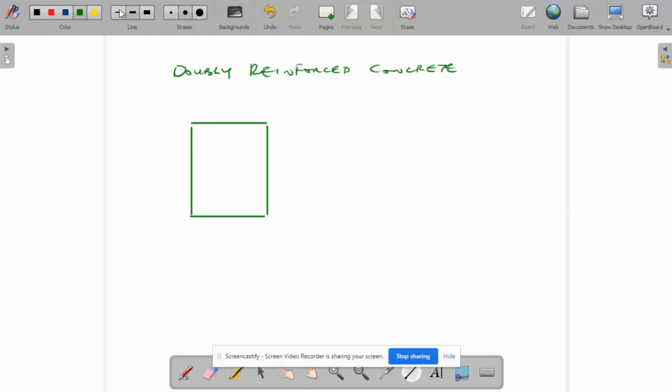Here we draw the neutral axis. Then here we consider the overall height, and we consider the effective depth.